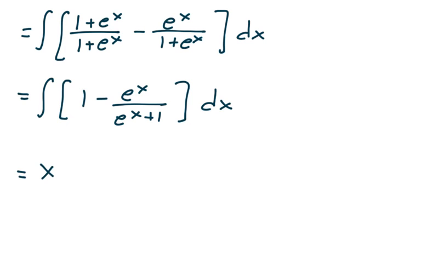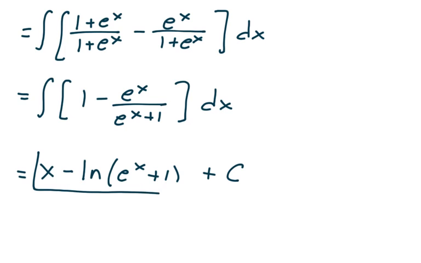So the answer here is x minus natural log of e to the x plus 1 plus c. And you're done immediately. So this is a really, really slick solution. Now, could you do this problem by partial fraction decomposition? Yes, you can. You would just let u equal e to the x and then solve for x and then go accordingly.